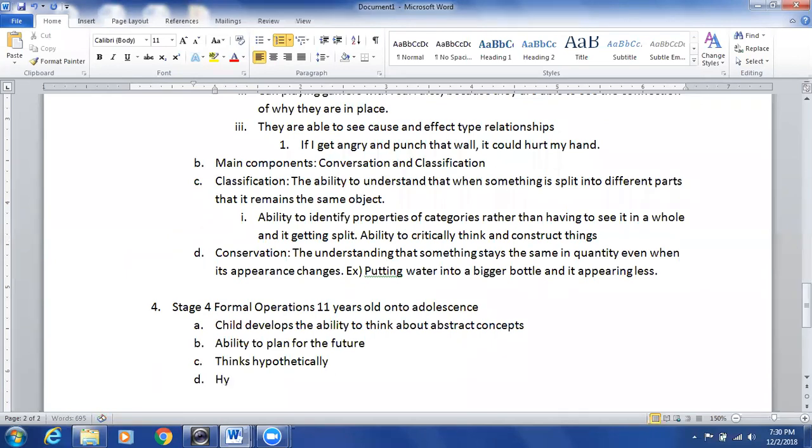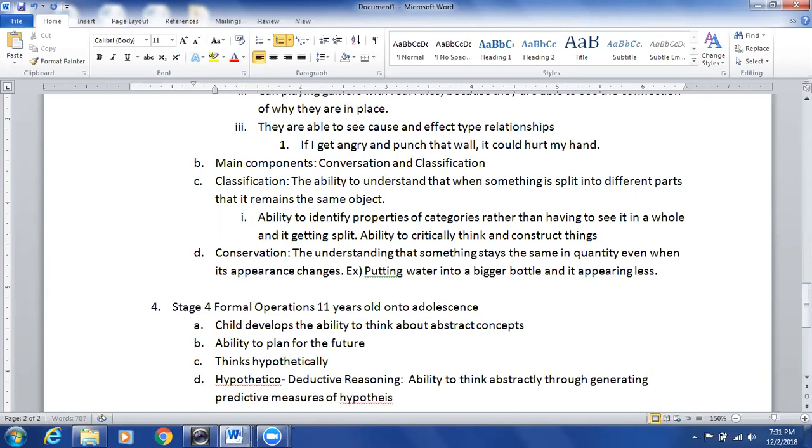And that leads us to the concept of hypothetical deductive reasoning. And what exactly is that tricky little term? It's the ability to think abstractly through generating predictive measures of hypotheses.